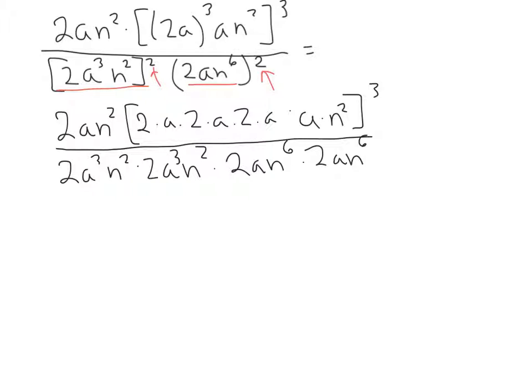So the numerator, we still have to deal with what's going on in the brackets. I'm going to simplify that first. 2 times 2 times 2, which we can do because of the commutative property. We can move this 2 and this 2 together, and all those 2's multiplied by each other gives you 8. And you could leave it as 2 to the 3rd if you wanted to, and then cancel later.